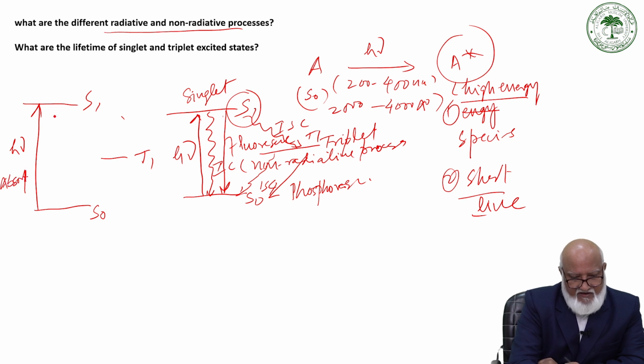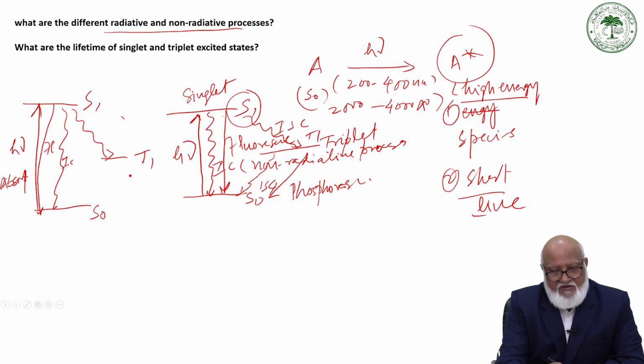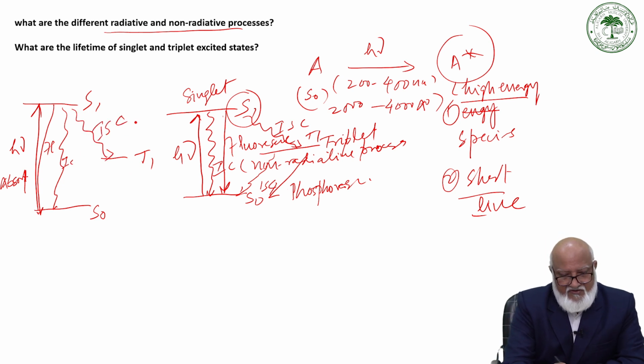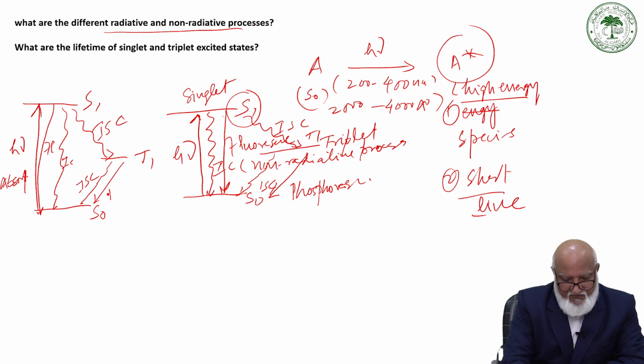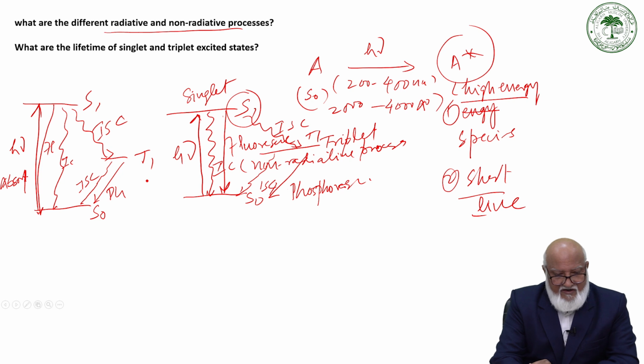After absorption of light, it can come back to ground state by fluorescence, or by internal conversion. It can go to the triplet state by inter-system crossing. From the triplet it can come back by inter-system crossing, or by a radiative process called phosphorescence.